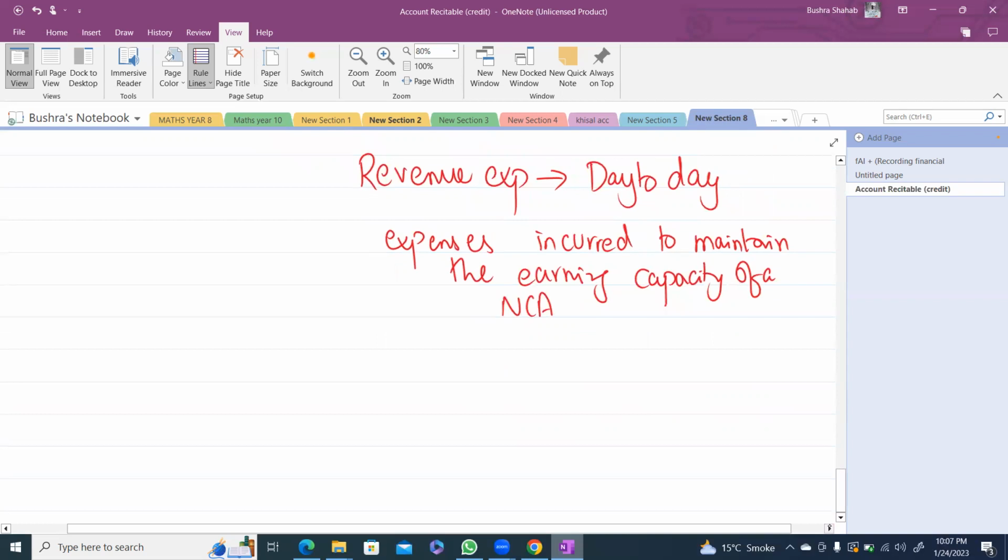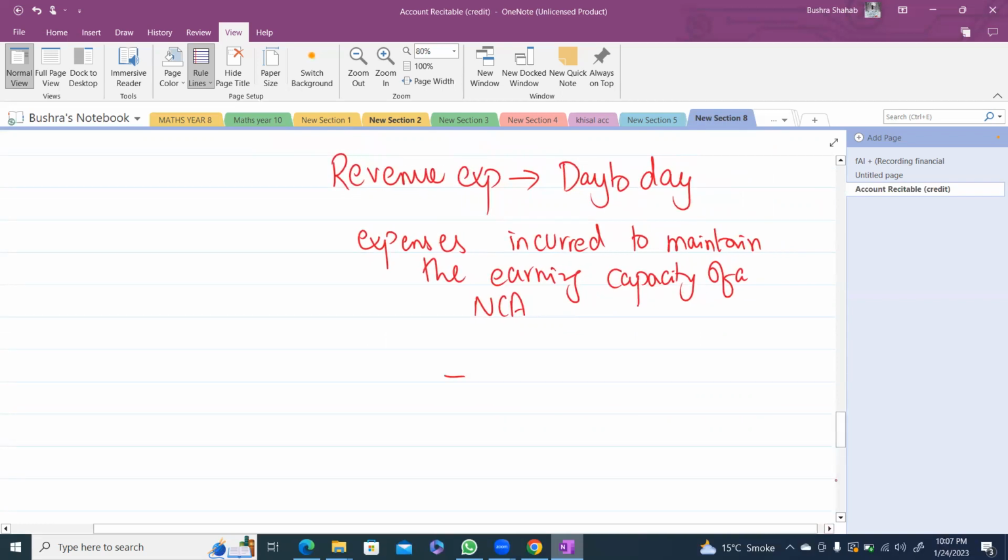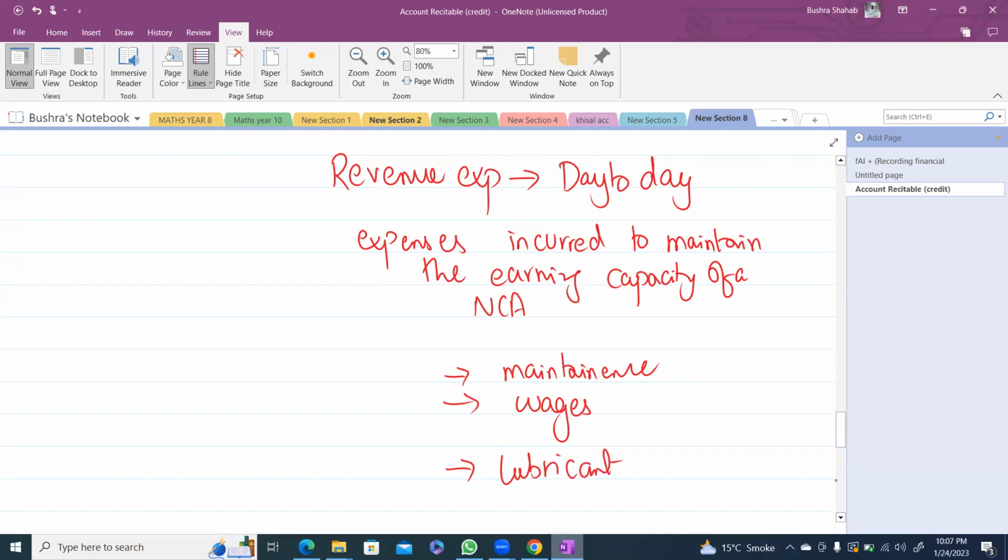For example, once you have installed the machine, there might be some maintenance charges, right? Then the salaries or wages of employees who are operating the machine. It can be lubricant or oil that you need for the machine. So expenses incurred once you have started using the machine are a part of revenue expenditure, and that will be treated as an expense in the income statement or profit or loss statement.